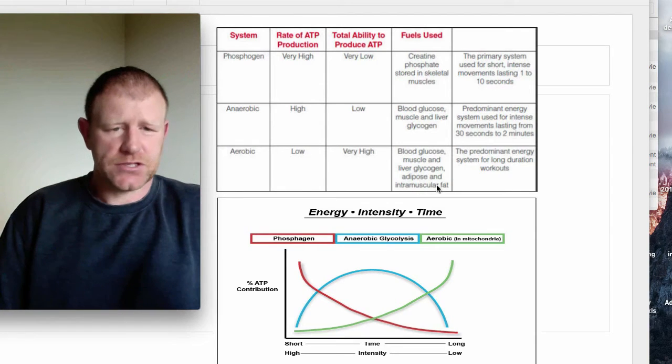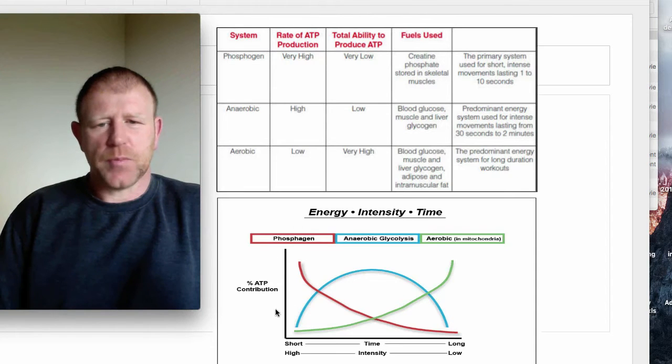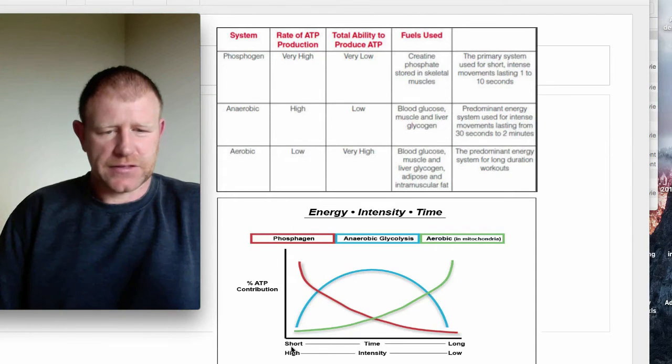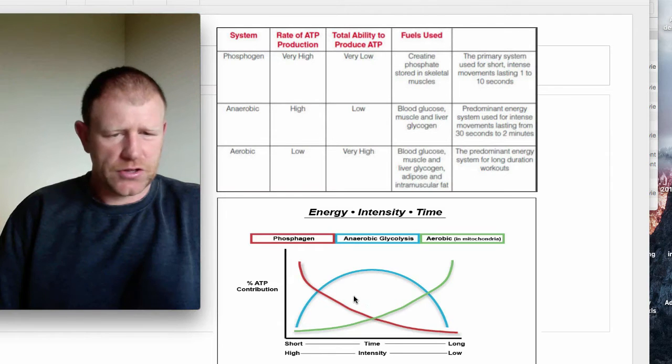For me, it makes sense that we use this as much as possible, but also we don't forget the other energy systems as well. So what we've got down the bottom here is this graph of the duration and intensity. A short time, a long time over here. The intensity is high over here, and then low, and then obviously the percentage that each energy system is working.